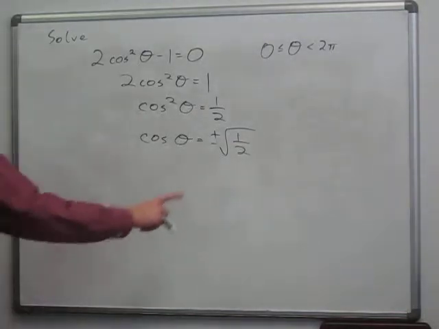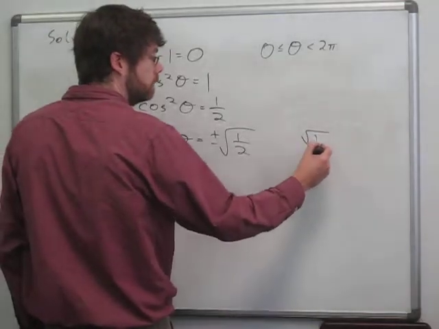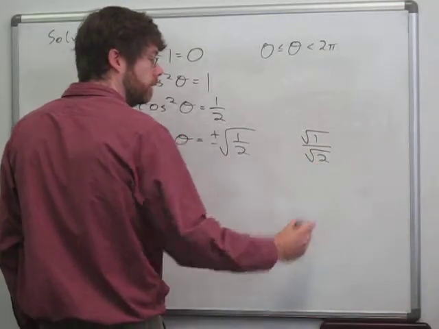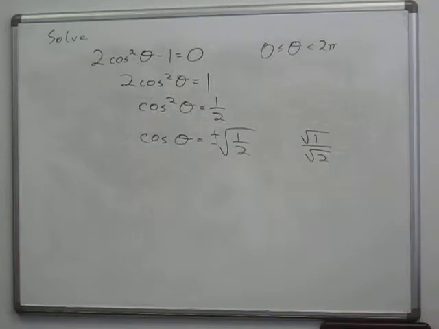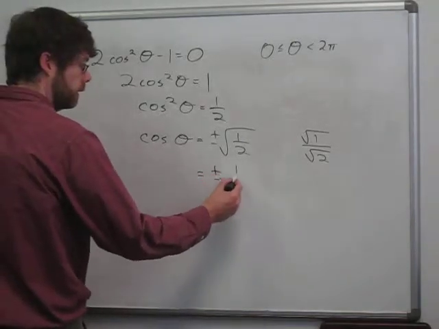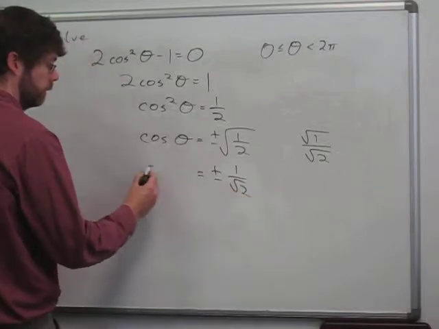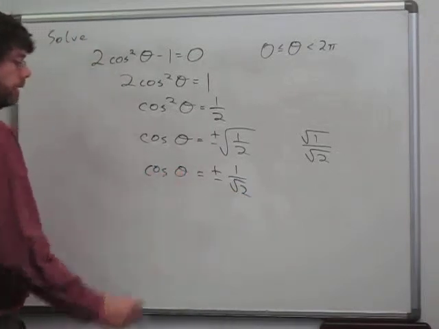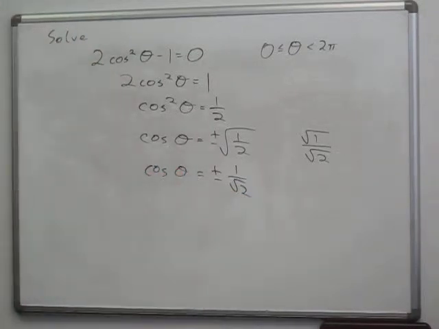Now the square root of a fraction I can think of as the square root of the numerator over the square root of the denominator. So this is really just 1/√2. That is a cosine value that I know quite well.